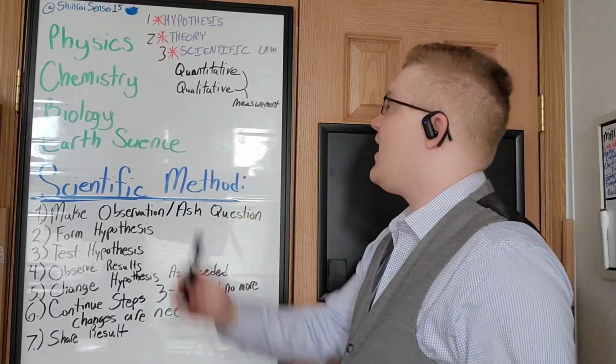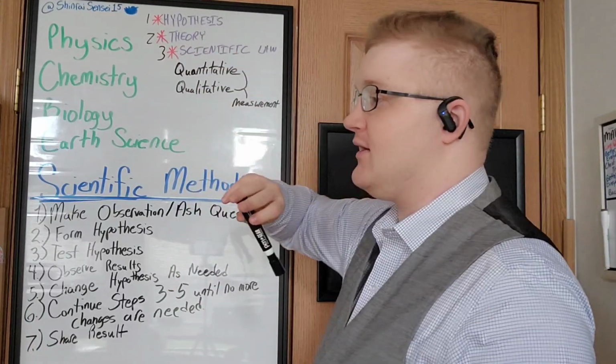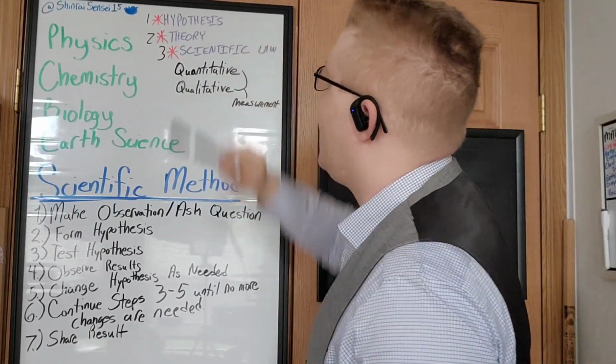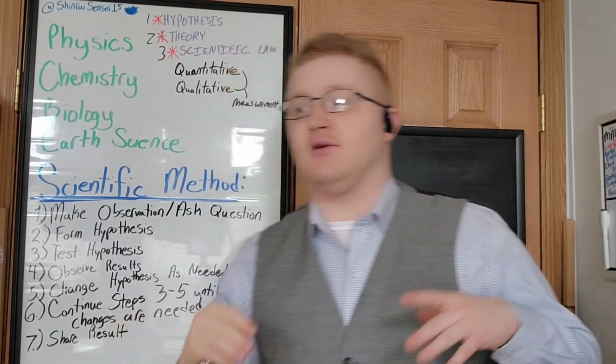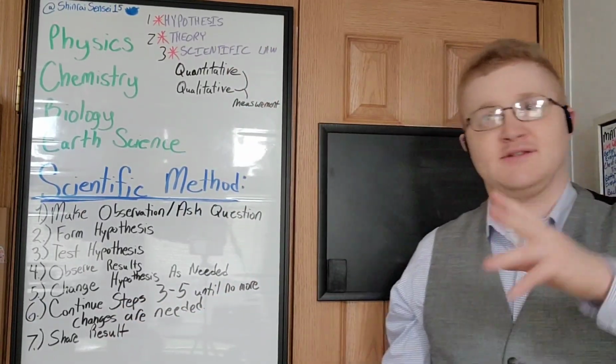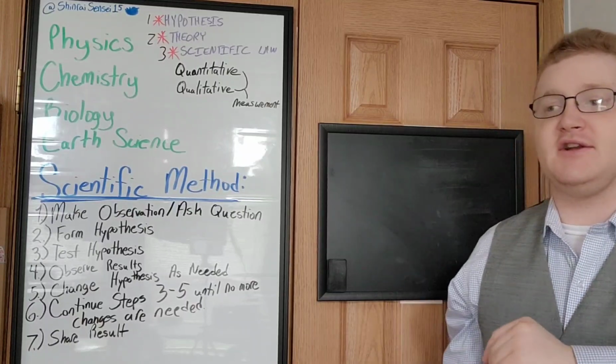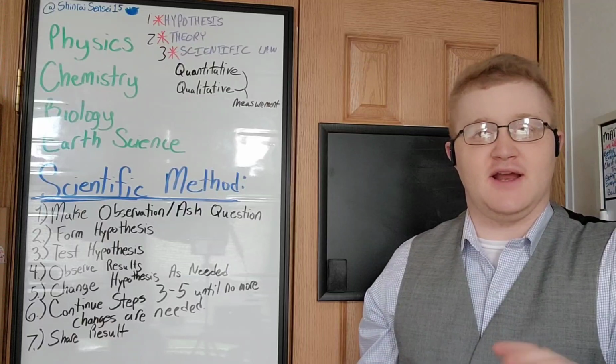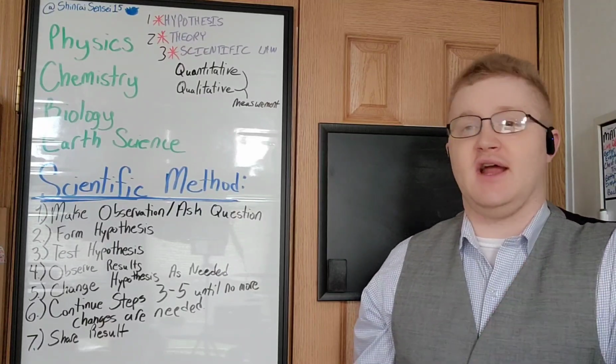And so you have a hypothesis as the basic building block, then you have a theory, and then you have scientific law. So a hypothesis is basically an educated guess. That is what most people shorthand the definition of a hypothesis into, an educated guess.